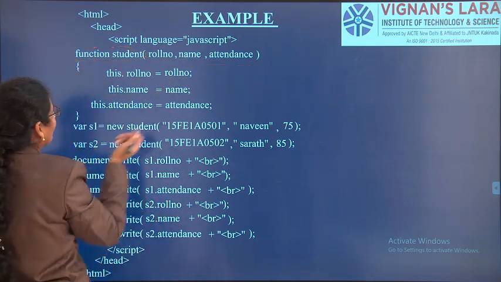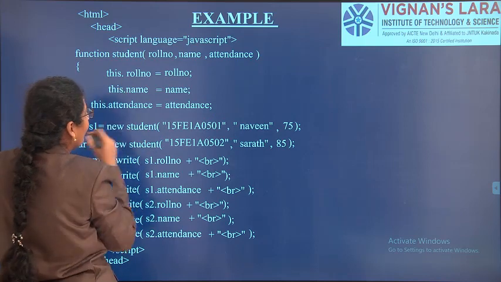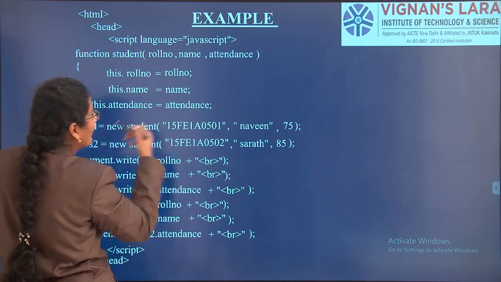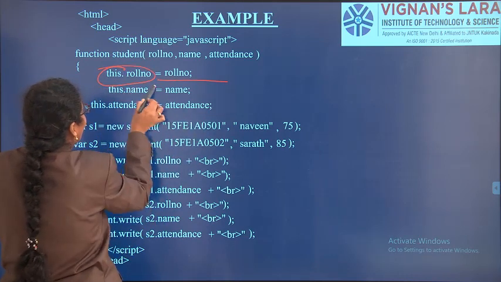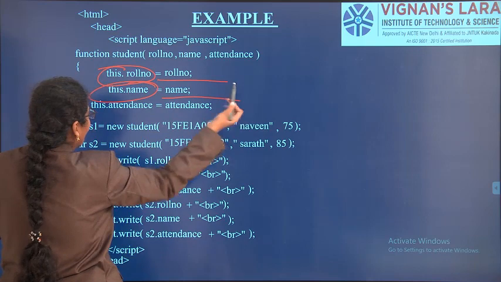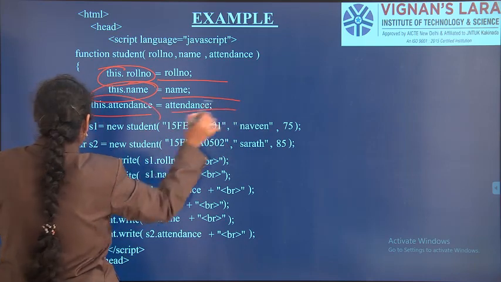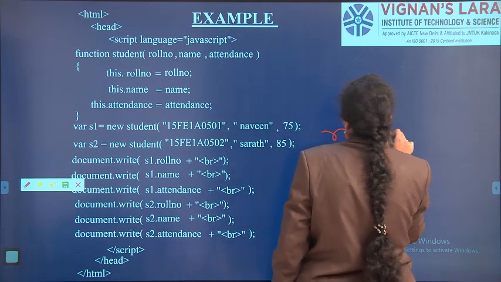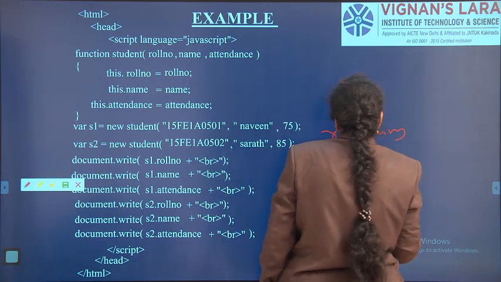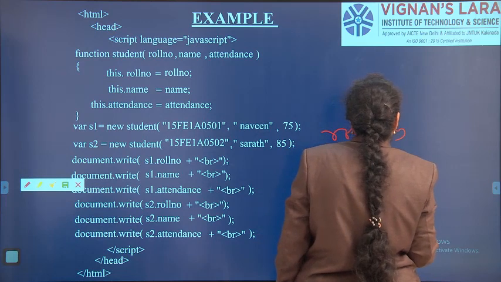In these statements, what am I doing? I am declaring every value with constructor. So constructor dot roll number, constructor dot name, constructor dot attendance. I want roll number, I want name and I want attendance also.